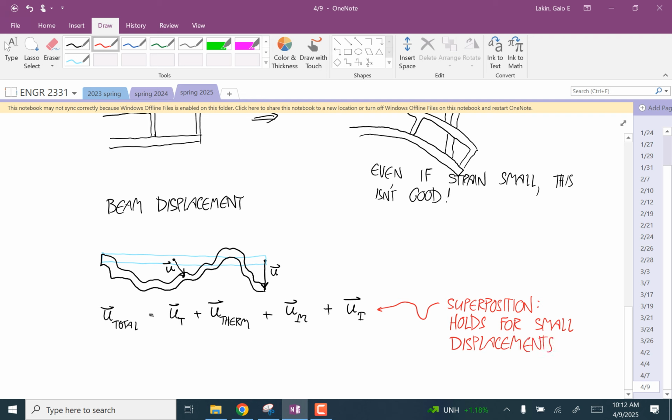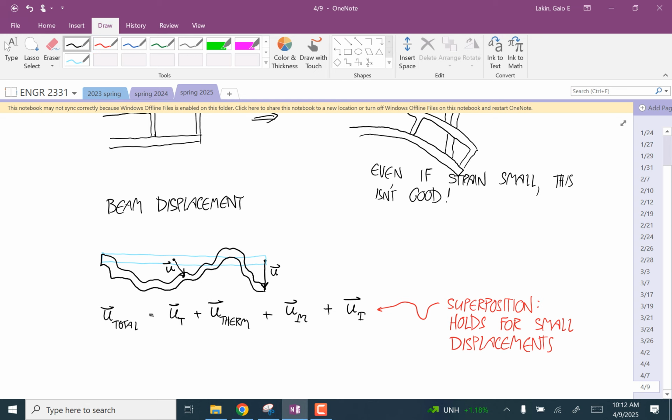So the figure that I drew to exaggerate this would be a terrible case for using this superposition principle. But as long as the displacements are small for everything, we can use this. And in this class, we're always going to be assuming small deformations, small displacements, and so we're going to use superposition.